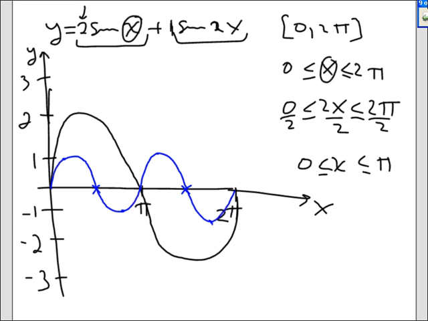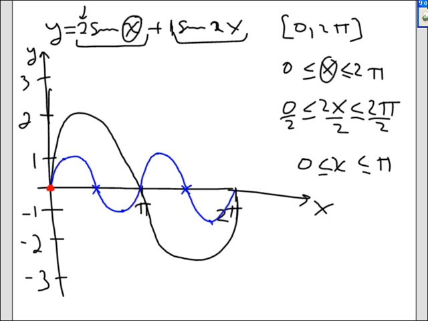Well, when x is 0, both graphs are 0. The black graph and the blue graph are both 0. 0 plus 0 is 0. So I get a 0 here.